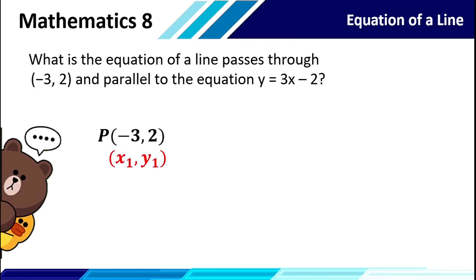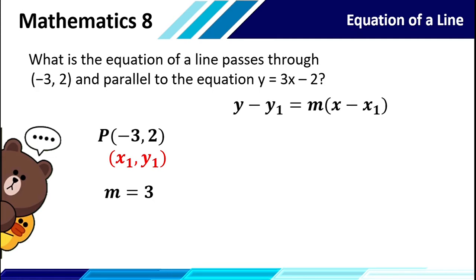This will serve as our x sub 1 and y sub 1 coordinate. If we want to find a line passes through this point, which is parallel to the equation of y is equals to 3x minus 2, we need to copy the slope of our first equation, and the slope is m is equal to 3. Now we have a point and a slope.